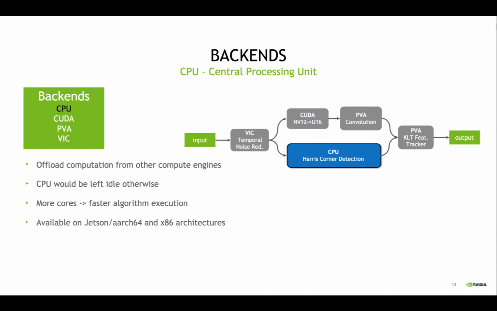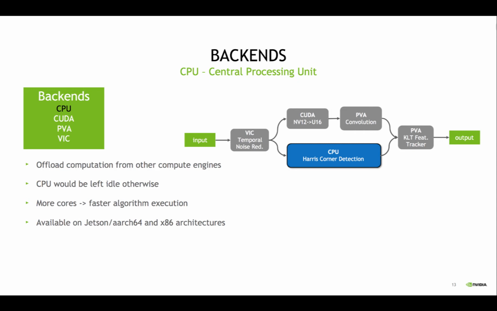First, let's talk about the well-known CPU backend. We tend to think that the CPU is slower than the GPU or other engines, and indeed it is. But if these engines are already busy while the CPU is idle, well, you're kind of underutilizing your system, right? That's the case shown here in the chart. The CUDA and the PVA backends are busy, and we are using the CPU, which would otherwise be idle, to run the Harris corner detection.